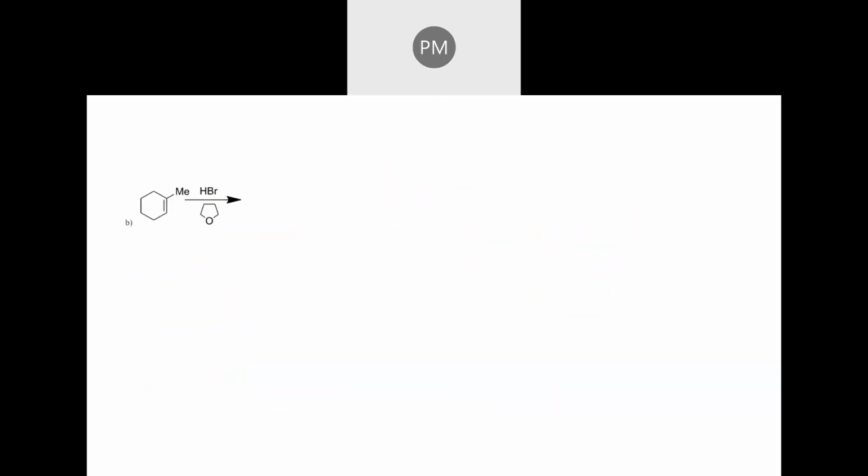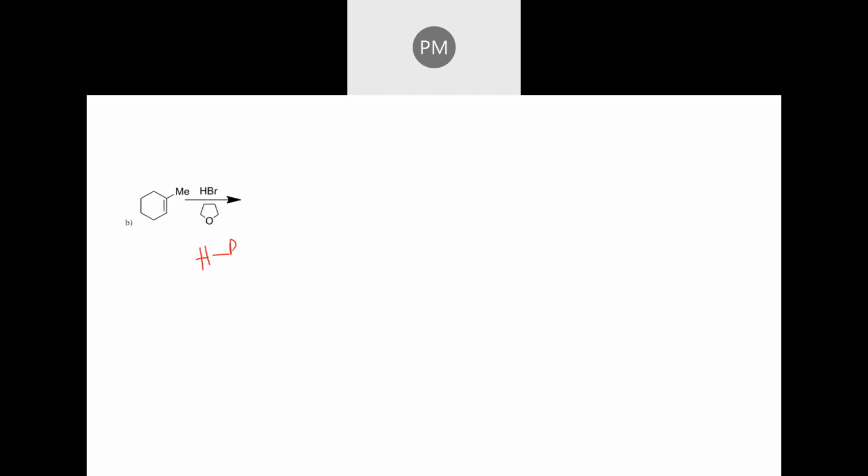Now the next example is similar, but where a methyl is added on the double bond. So what will be our product? First, if the HBr attacks here, there will be two possibilities.